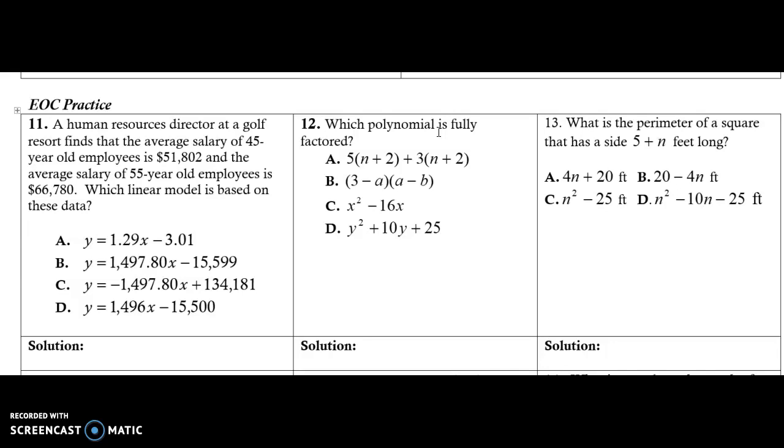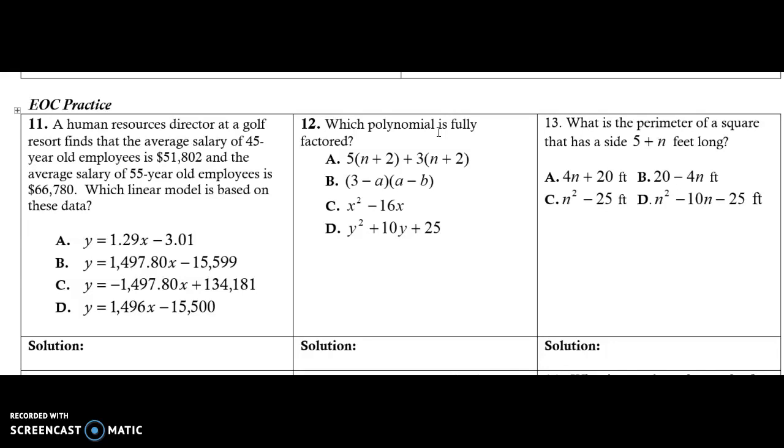So 1497.8 times 45 is 67401. So to get B by itself, we would have to subtract 67401 from both sides.